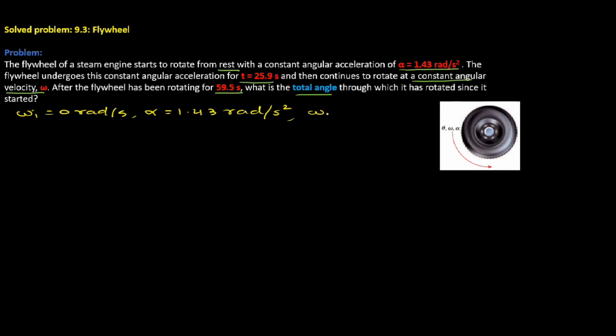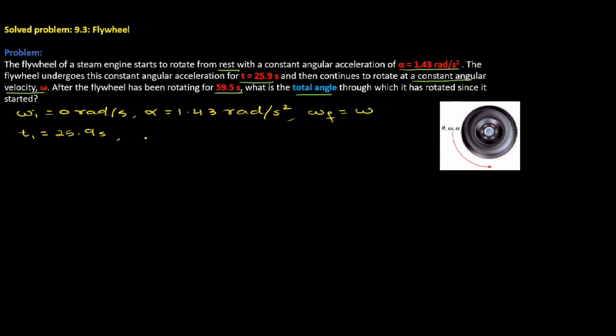So I will write omega final equals omega after t equals 25.9 seconds. So we can write this as t1, which is the time for which the flywheel is accelerating, to be equal to 25.9 seconds. This is the only time it has been accelerating for, and after this, it moves with a constant angular velocity of omega.